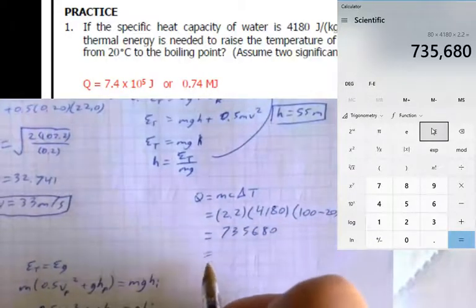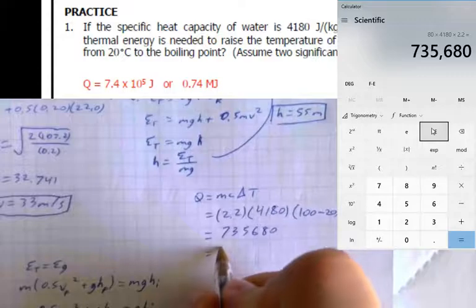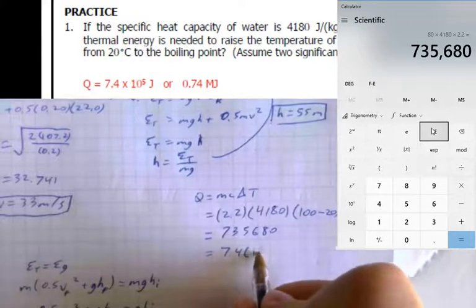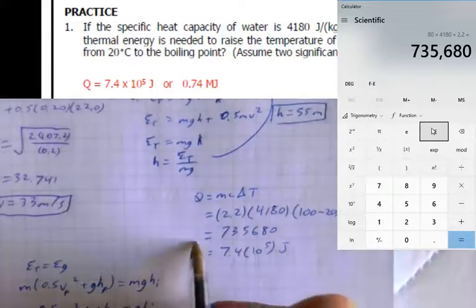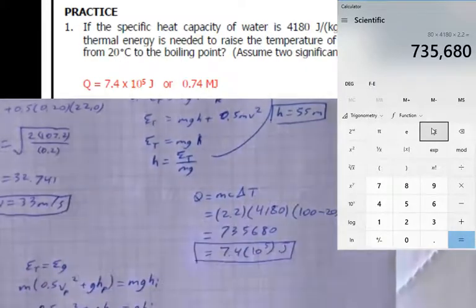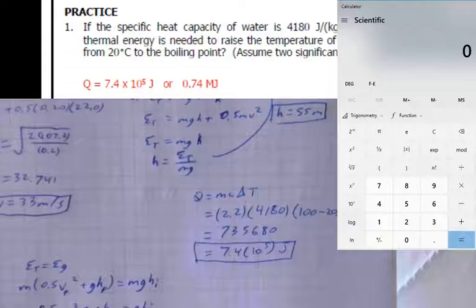And then I have to round for significant digits. And I'll write it in scientific notation as well. That is our energy. If it doesn't state that we have to write this in kilojoules or megajoules, we can just write it in joules with significant digits. Okay, next.